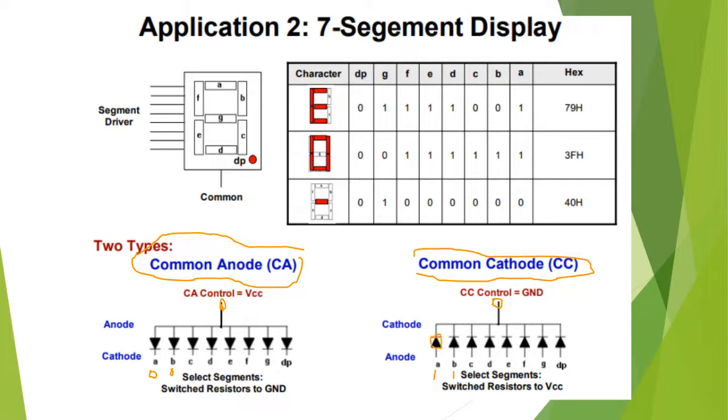If we send 1 here, the B LED is on, C LED, and so on. So 1 is necessary to turn on any LED for common cathode system. So there are two types of 7-segment display. All right, is it okay? You understand it, right? It's a basic idea actually.